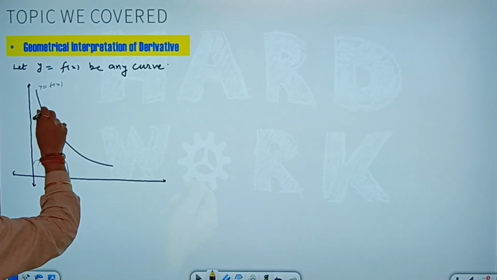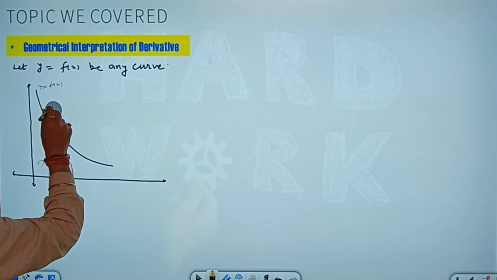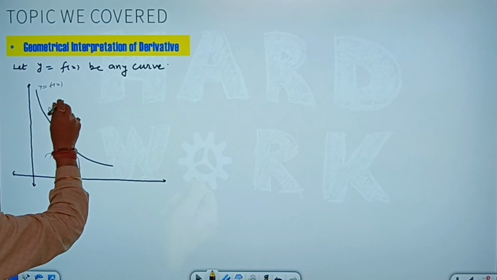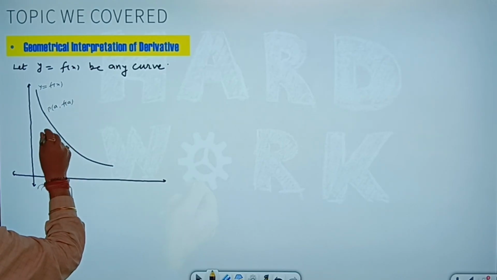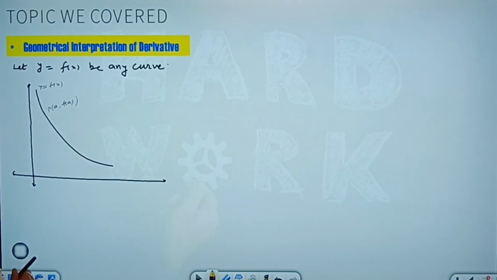Let P be (a, f(a)), because when the x coordinate is a, the corresponding y coordinate is f(a).